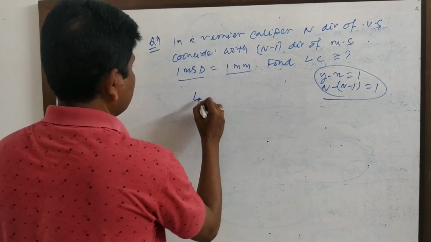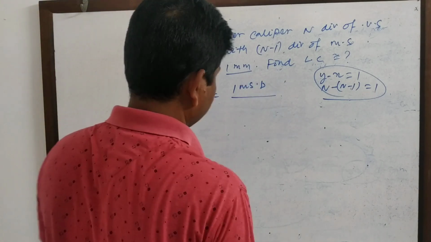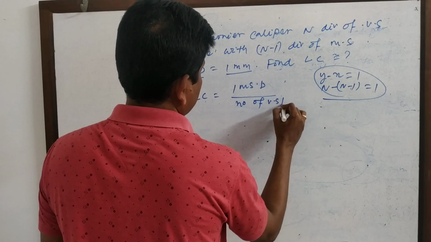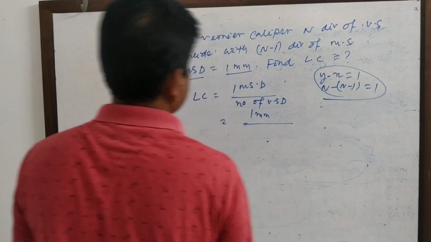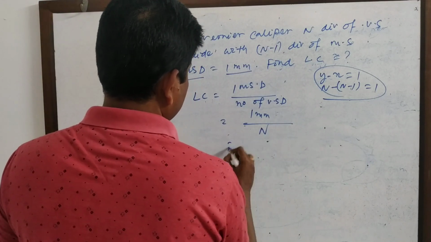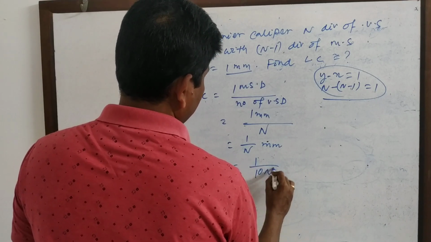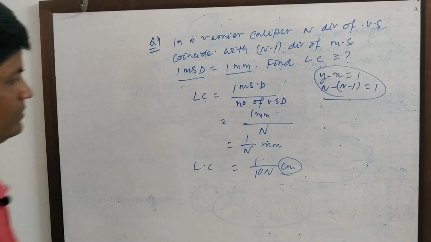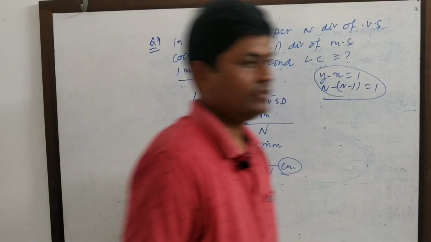Least count is equal to 1 main scale division by number of vernier scale divisions, which is 1 mm by n. This is equal to 1 by n mm or 1 by 10n cm. And so many cases are there, we will discuss later.